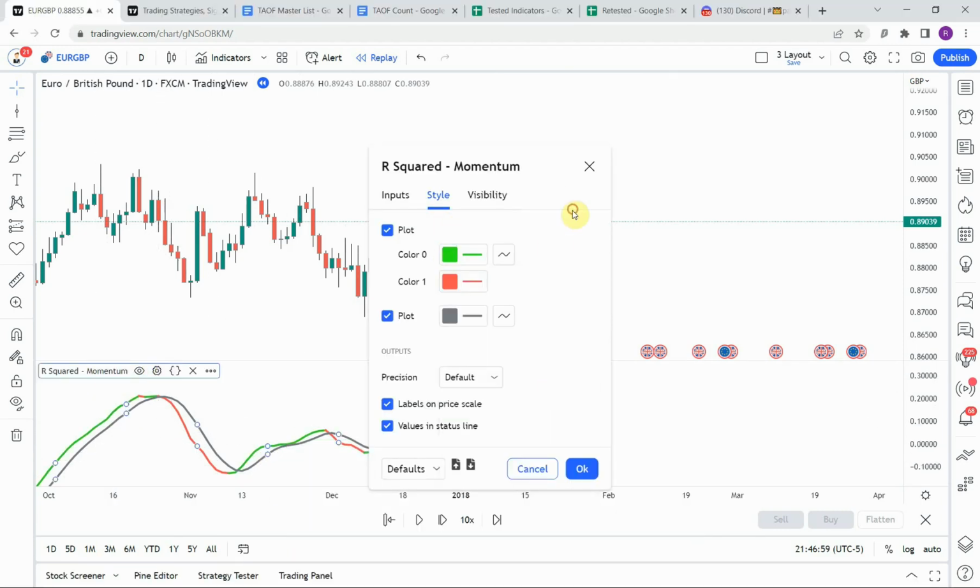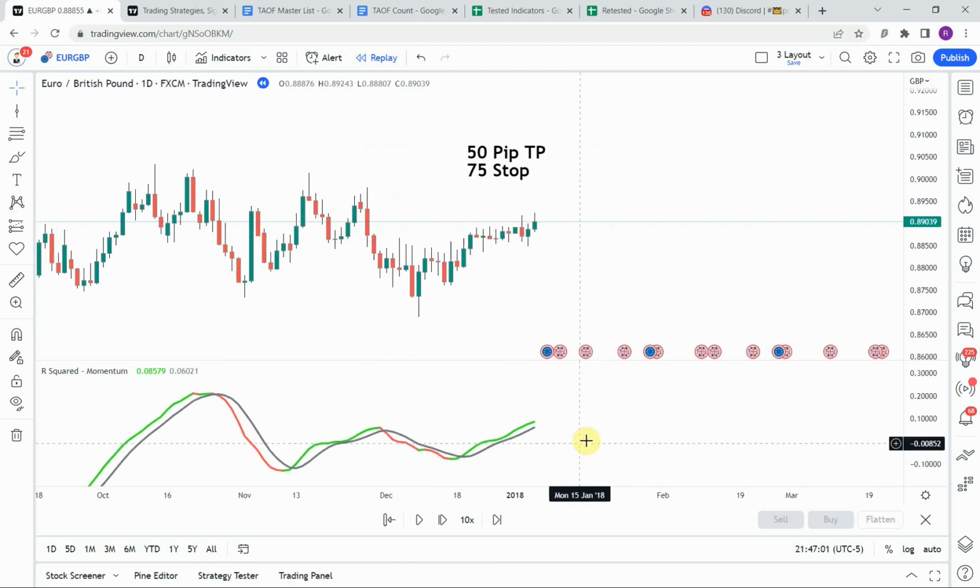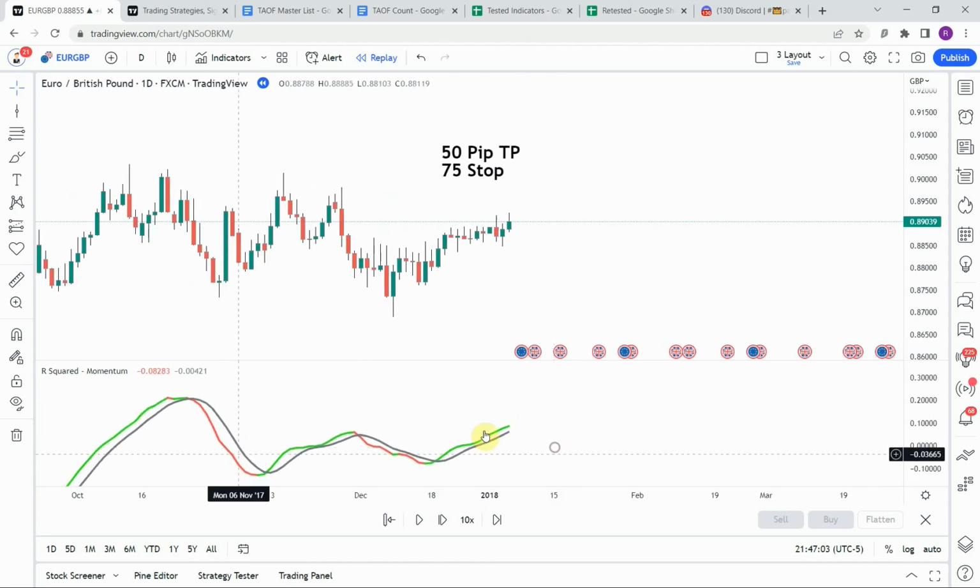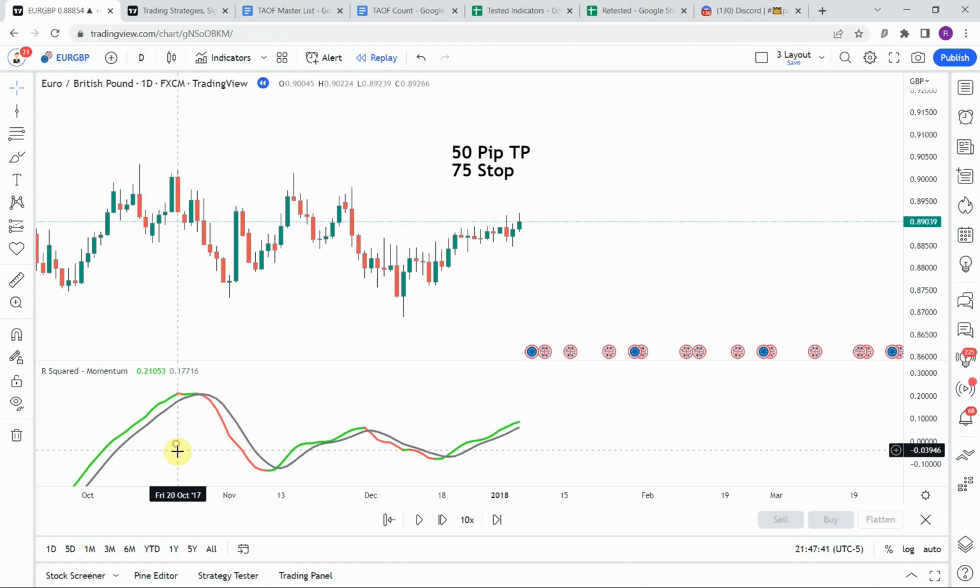And so the setup on this, like I said, is pretty easy. What we are looking for first and foremost is the coloration of the line here, the one that is green and red. Then we're looking for it to make the cross of the signal line here, or the plot line.